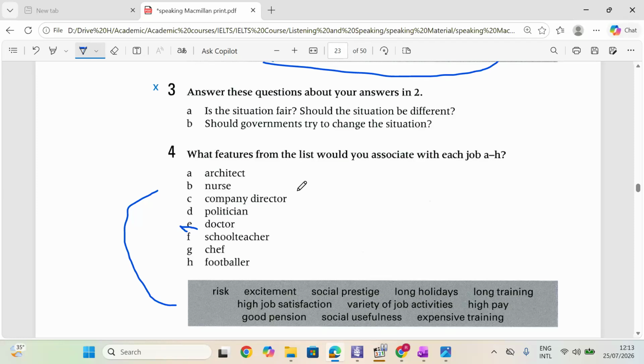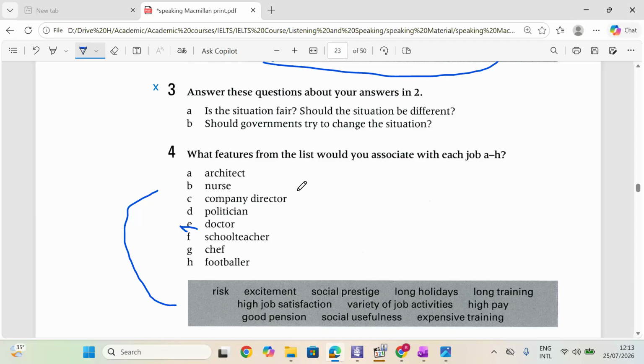The company director is a risk job because every day he has to take risky decisions to make the company stand.